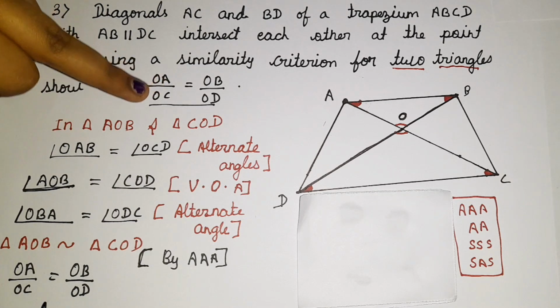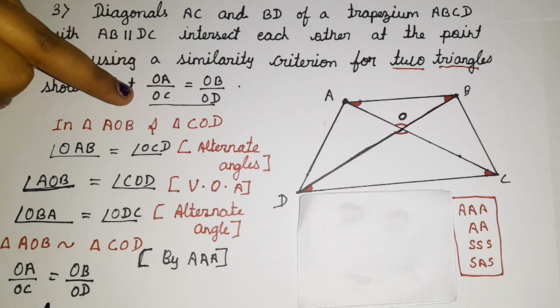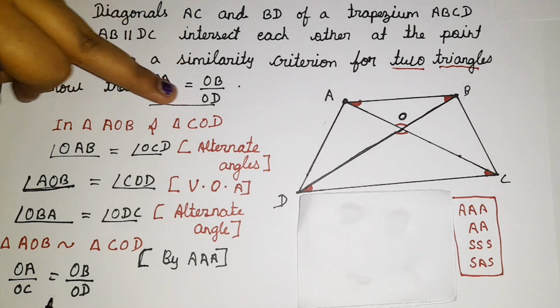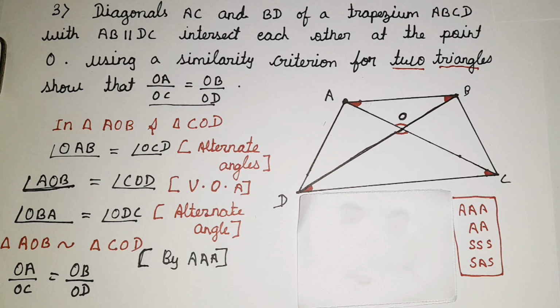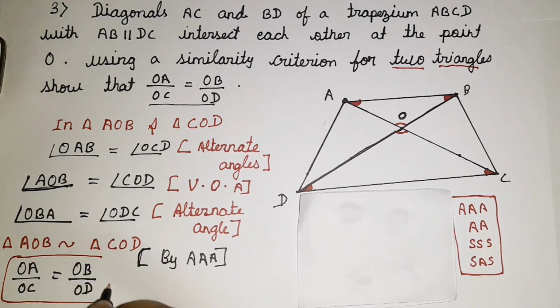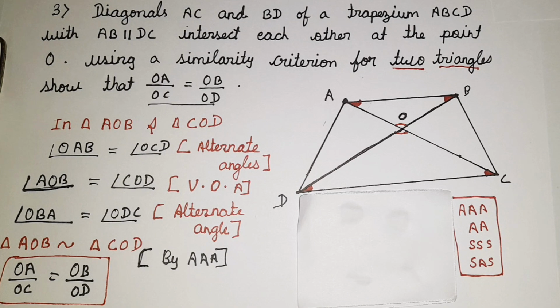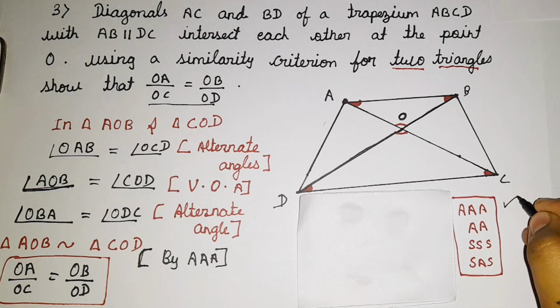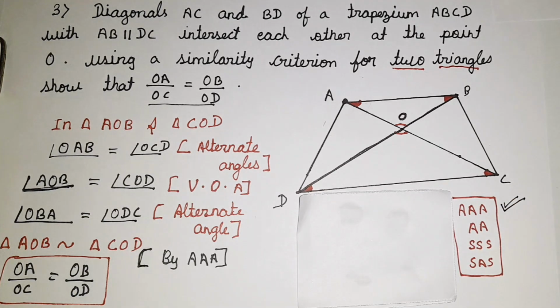Here OA by OC is equal to OB by OD, so likewise here also I got the same value. Let me mark that. According to the question I showed it. In this we just used the AAA criterion. Likewise, finally we solved it.